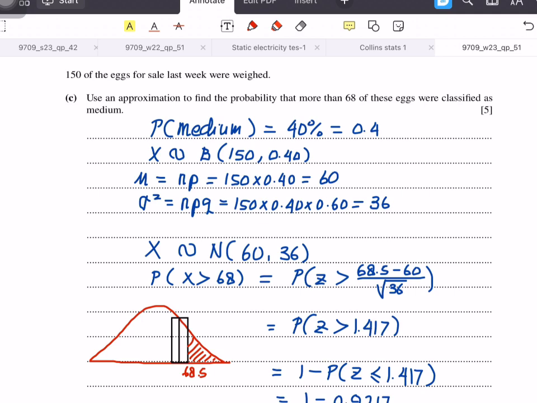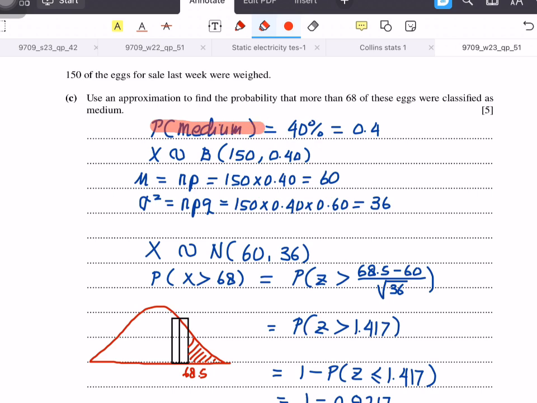150 of the eggs for sale last week were weighed. C. Use an approximation to find the probability that more than 68 of these eggs were classified as medium. So the probability of the medium is 40% or 0.4.